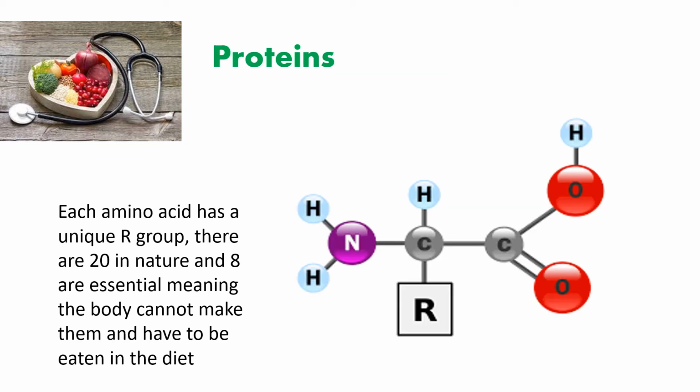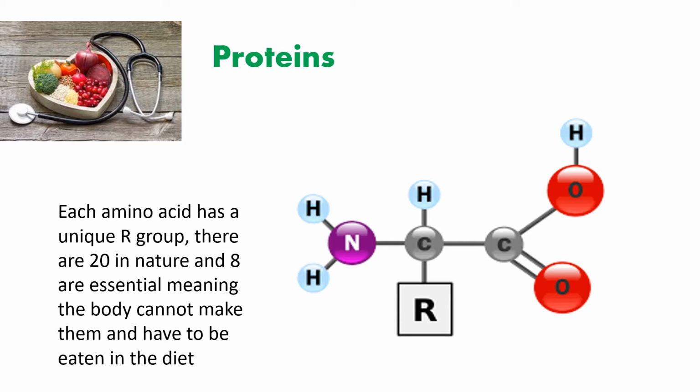Okay, so proteins. Proteins have this basic structure where you have a central carbon that has a hydrogen, and then you have an amide group, which is the NH2, and a carboxyl group, which is COOH. So every amino acid has the amide and the carboxyl group.